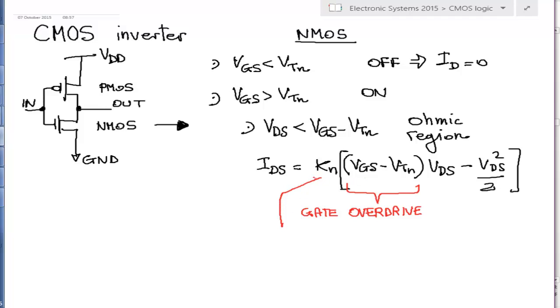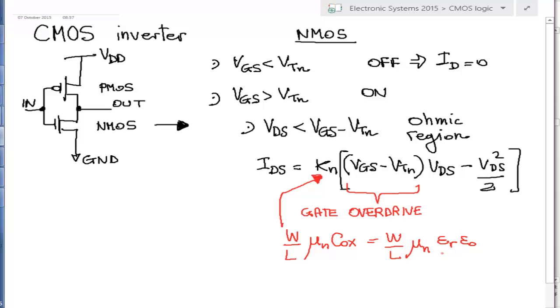This constant Kn is a property of the transistor and partly depends on the geometry, partly depends on the material. Basically, it is W over L times mu n times Cox, where actually the Cox is the oxide capacitance per unit area, so it is epsilon R times epsilon 0 over Tox.